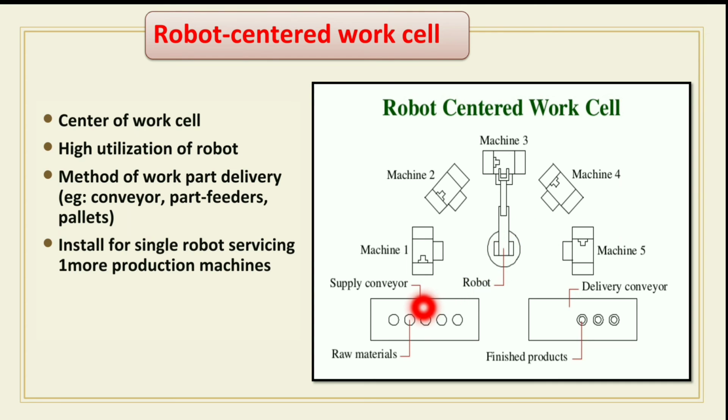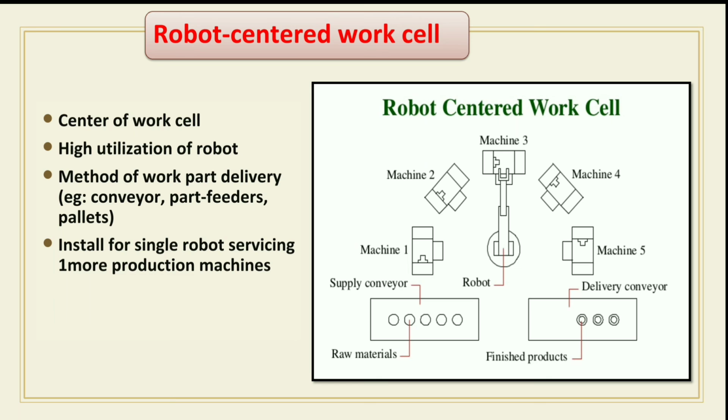The robot can directly load raw materials from the supply conveyors, and unload the finished components from the machines and place them on the delivery conveyor. So this is simply the function of the robot in a robot-centered work cell.